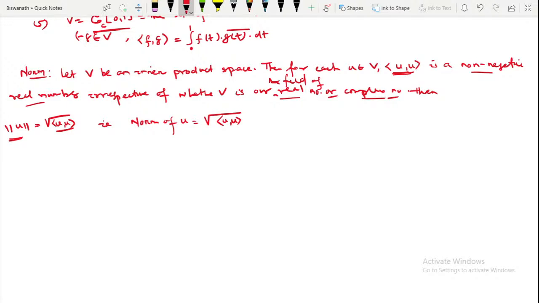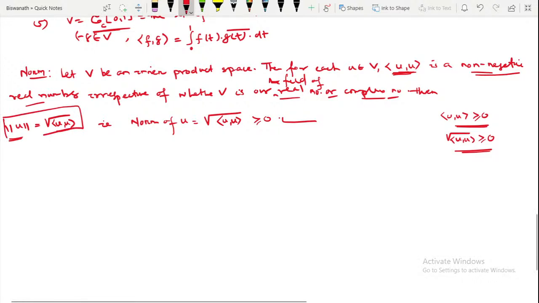Non-negative means u comma u is always greater than or equal to 0. That means it is not negative, but it may be 0. So if you take its positive square root, it will also be greater than or equal to 0. So norm of u is always greater than or equal to 0, and norm of u is the positive square root of u comma u. Okay, this is the definition of norm.